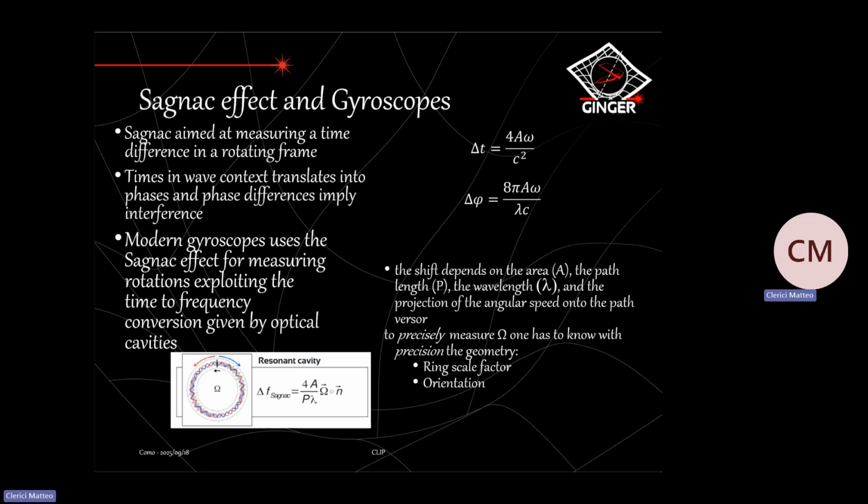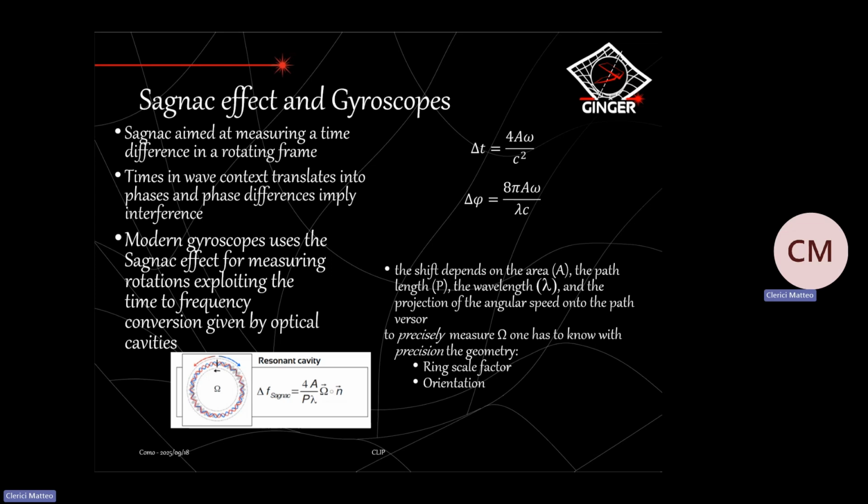Then it turned out that this effect can be used to measure rotation. This is a time difference in the flight of the photons, but it can be converted into a phase difference for the light.